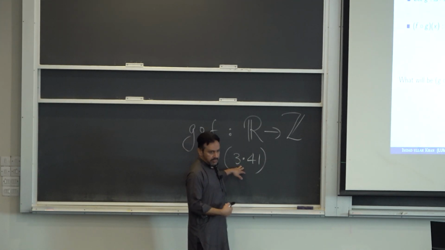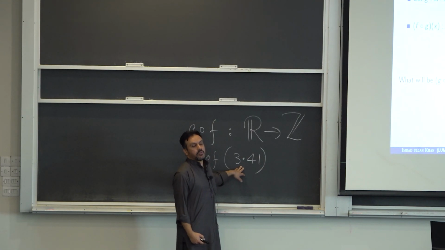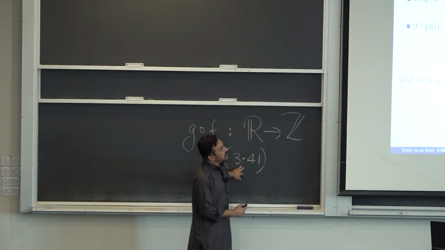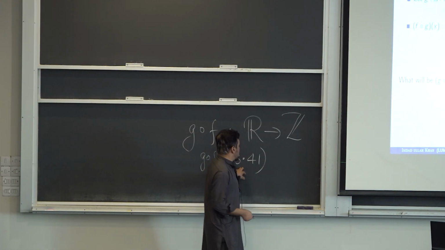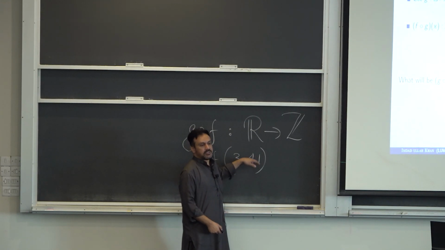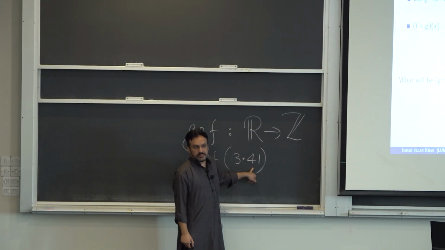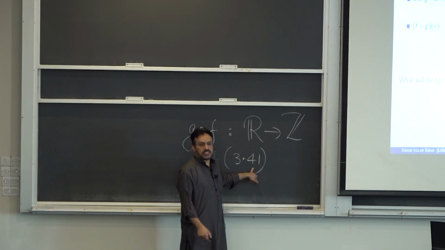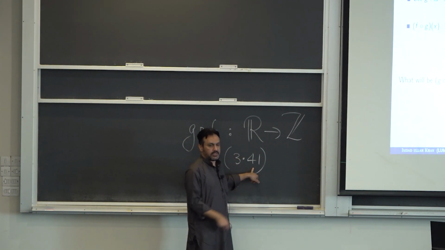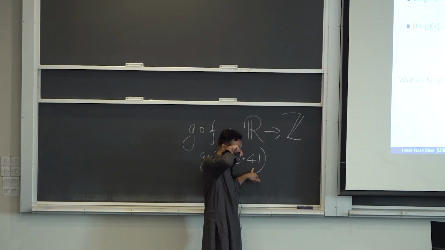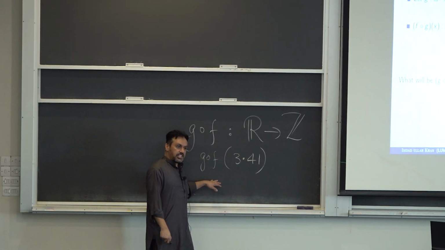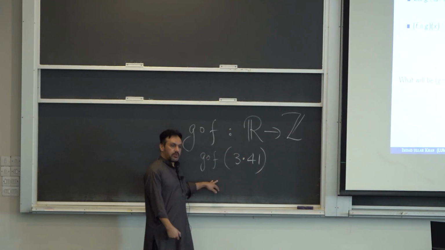3.41, I will apply F on it first. What does F do? F cubes it. So, it will return something like 31, let us say. It will return 31 or 30 or whatever the cube of 3.4 is. Then we will apply G to this 31.4.